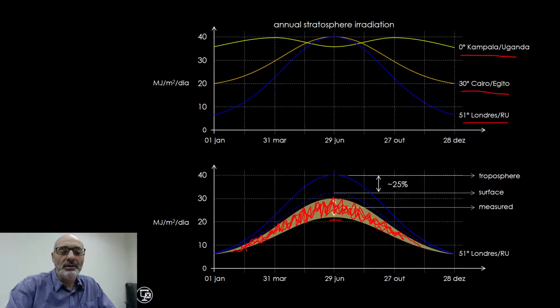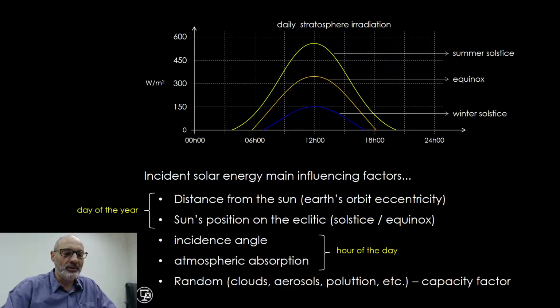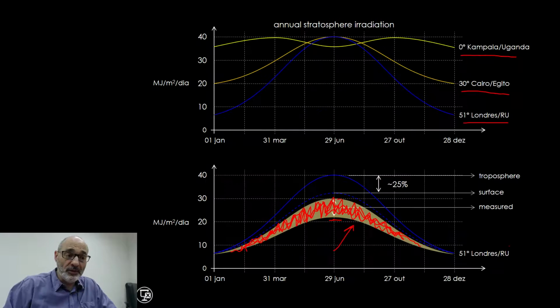These curves here we're going to calculate in a few moments. We're going to have formulas to calculate this. The effect of clouds and dust and so on, we're going to assess through our capacity factor. We're going to set a capacity factor in order to assess this.